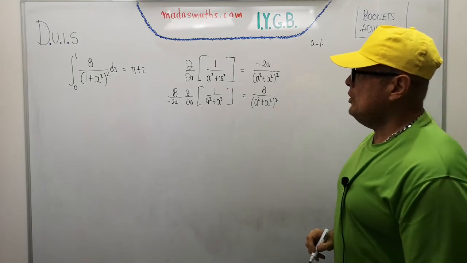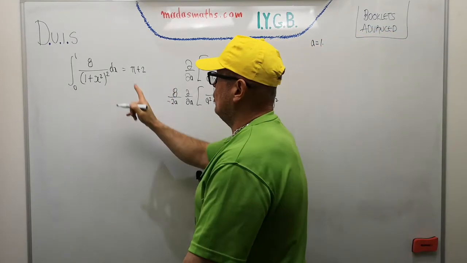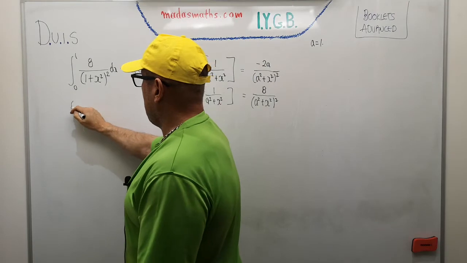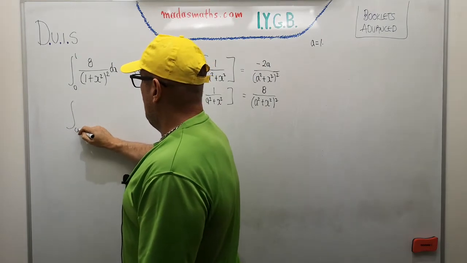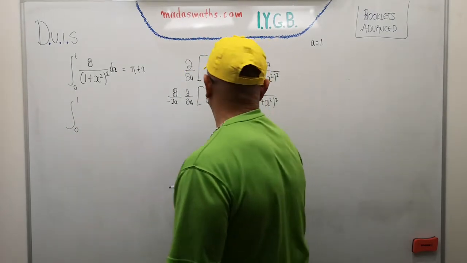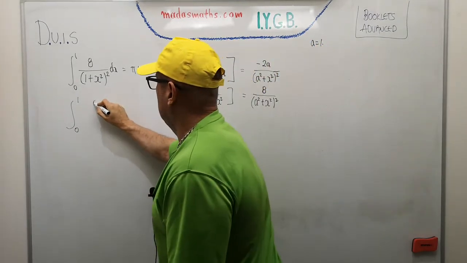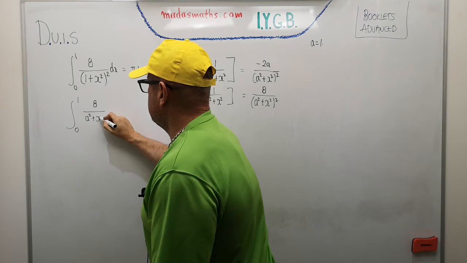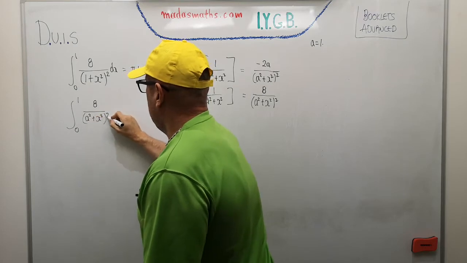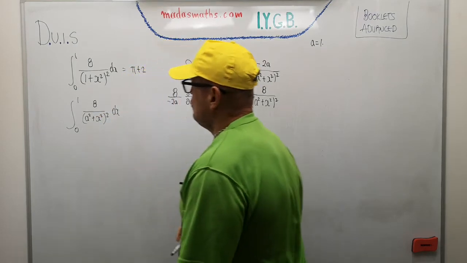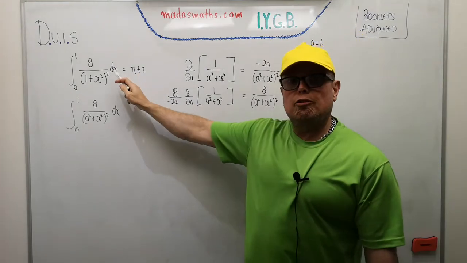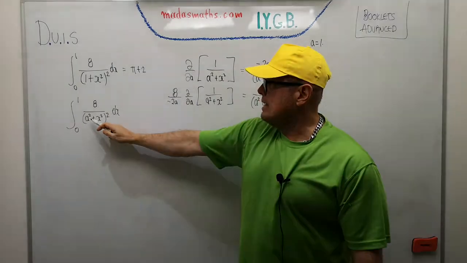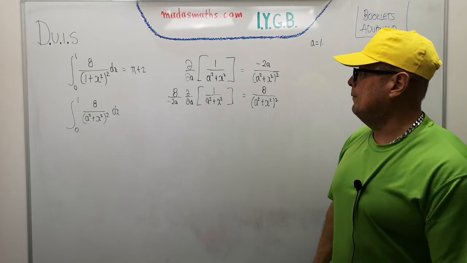So instead of looking at my integral as it is up there, I'm going to look at the integral from 0 to 1 of 8 over a squared plus x squared all squared dx. This will give me my answer to what I'm trying to find, so long as at the very end I substitute a equal to 1.